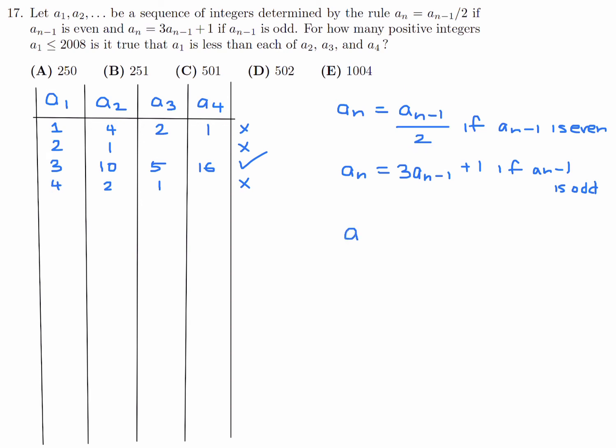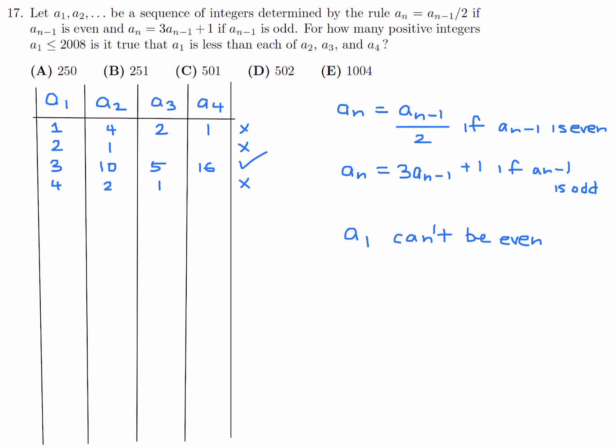So the first condition is that a1 can't be even. I think that's a better way of saying it, because 1 was odd and 1 didn't work, right? So, you see what I mean?